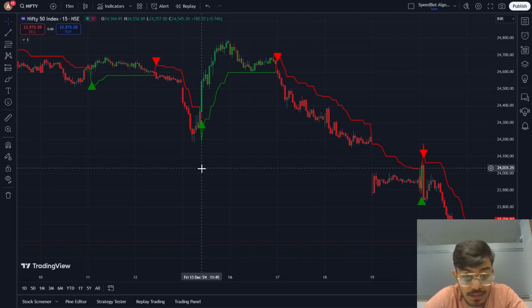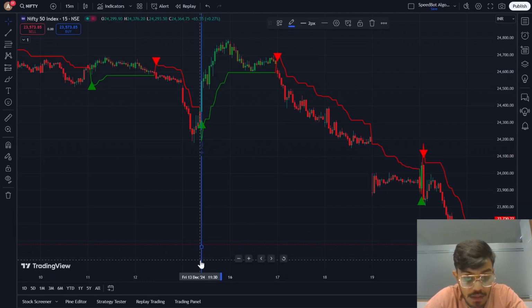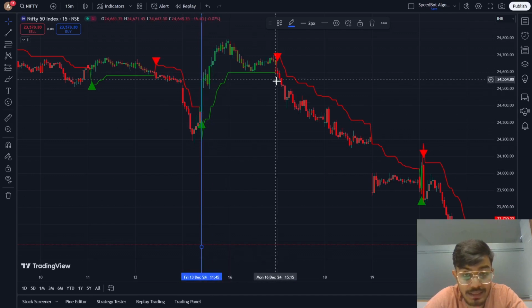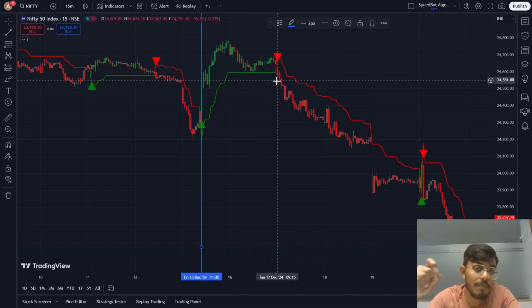So let's take an example that at 11:45 we got the buy signal, but the exit happened on the next day at 9:15. This means that the bot would be continuously tracking the entry and the exits of the positions that it has taken.